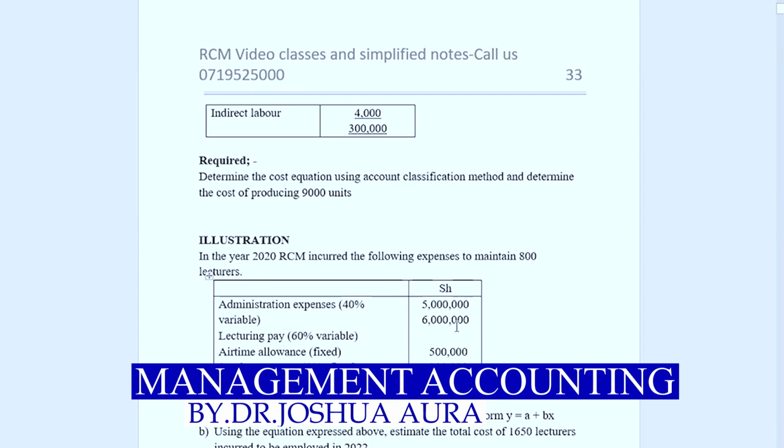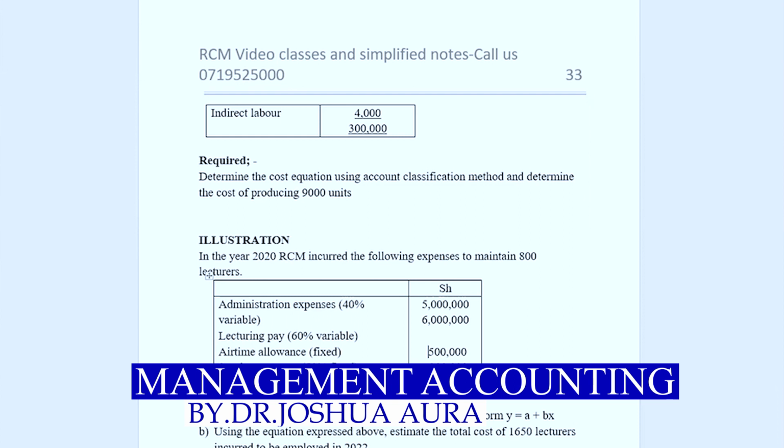And then we have airtime allowance, which is supposed to be what here? 500,000. Airtime allowance is the one that is supposed to be 500,000.